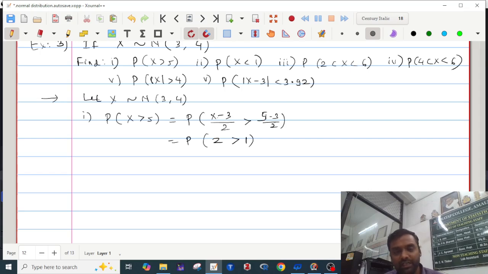So probability of z greater than 1. This probability you can find out from the statistical table. This is 0.1586.